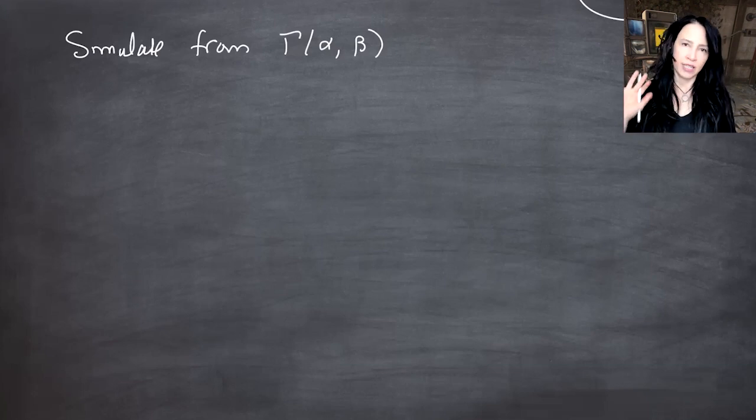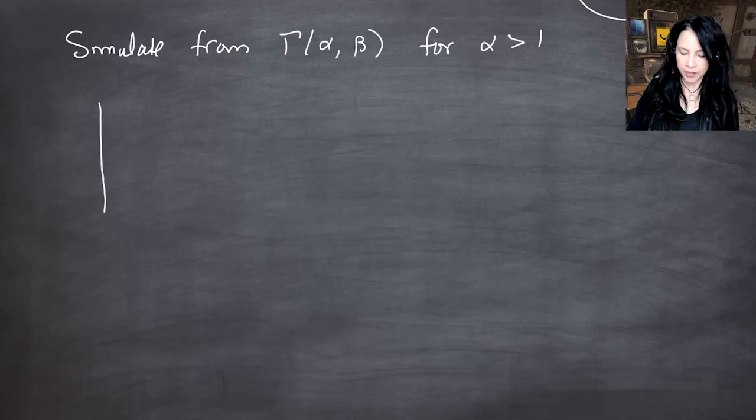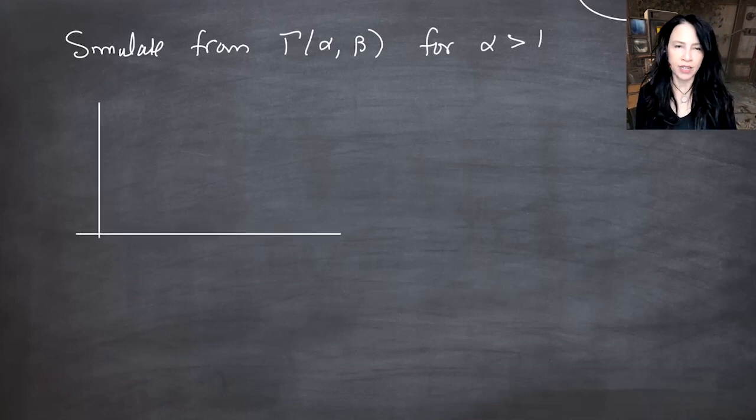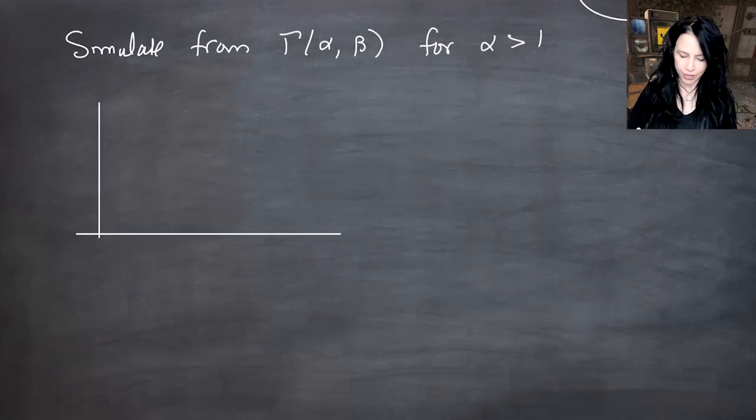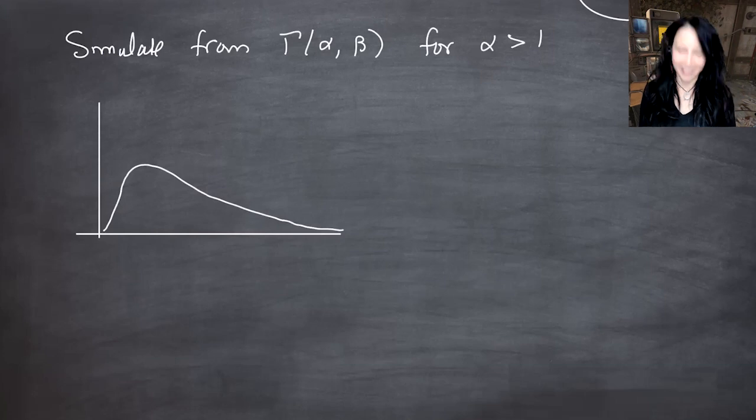So I just want to consider right now one kind of shape, and that is the shape when alpha is greater than 1. We talked about shapes last time. When alpha is greater than 1, this distribution has an x to the alpha minus 1 and then an e to the negative beta x. So it goes up for a while and then comes down. And so that's a generic looking gamma distribution, a little flat. Usually they look taller. I guess my scale is off.